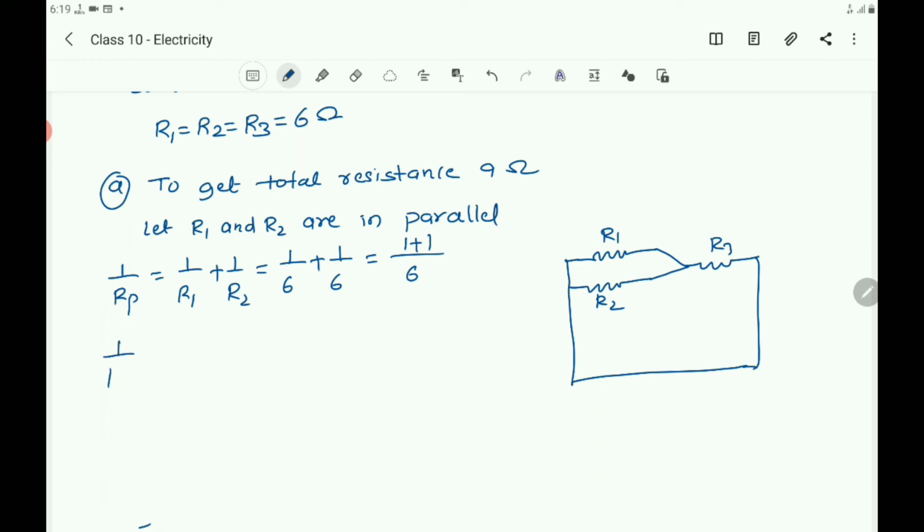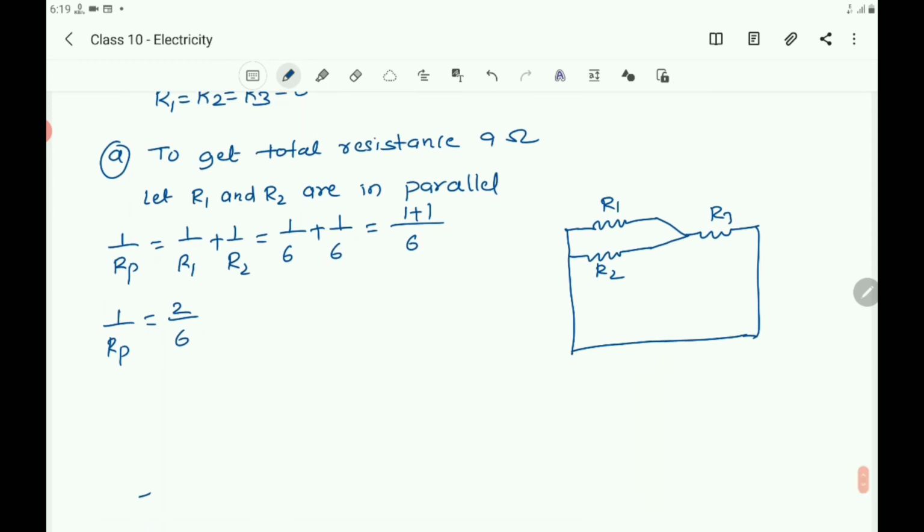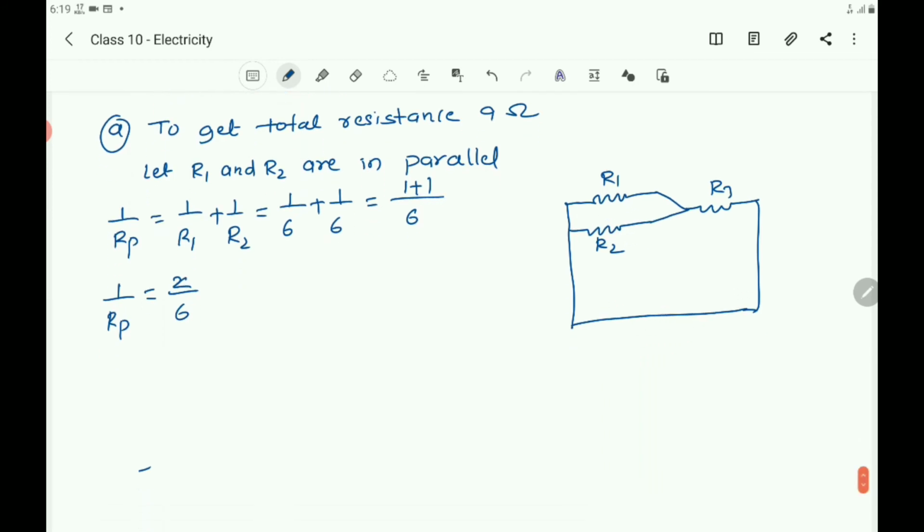So 1 by Rp equals 2 by 6, that is 1 by 3. Therefore Rp equals 3 ohm.